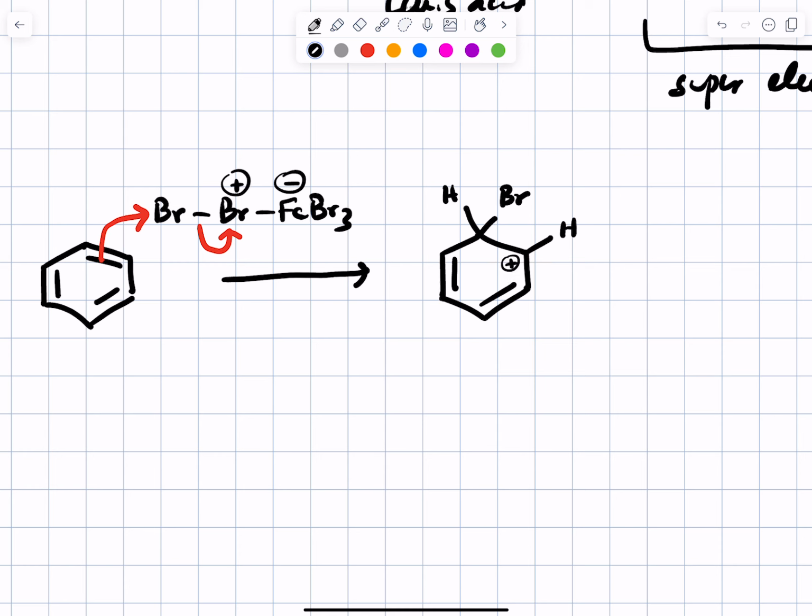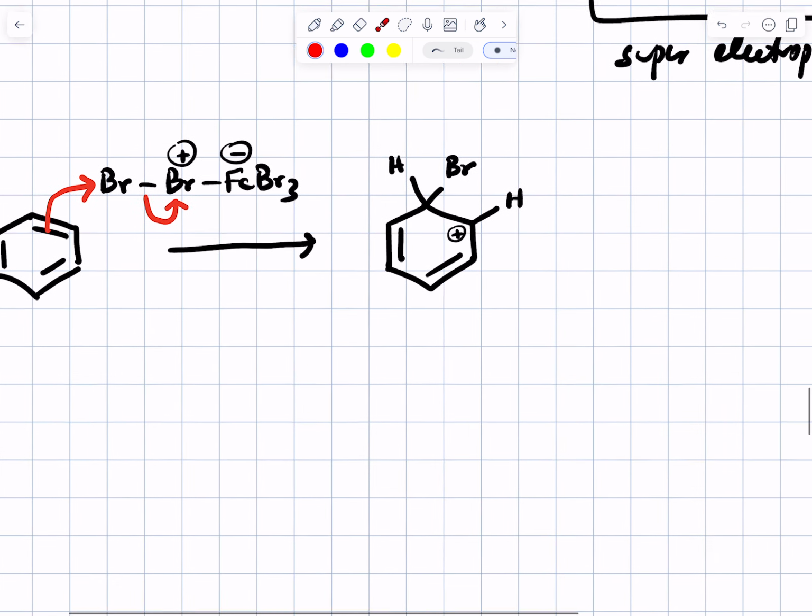Now, because our starting material is benzene, we're not worrying at this point about whether carbon 1 or 2 gets the bromine, because carbons 1 and 2 are identical. There will come a time soon, Friday, when carbons 1 and 2 won't be identical anymore, and we'll have to make a decision about which carbon gets the bromine or the electrophile. That's called regioselectivity, and there's some pretty straightforward rules for navigating through that. For now, we won't worry about it.